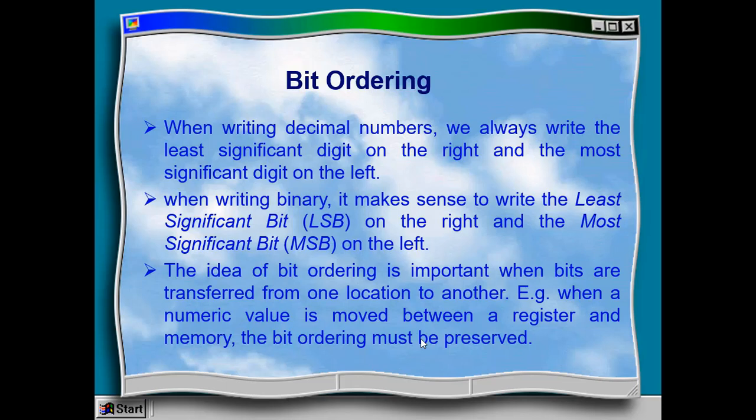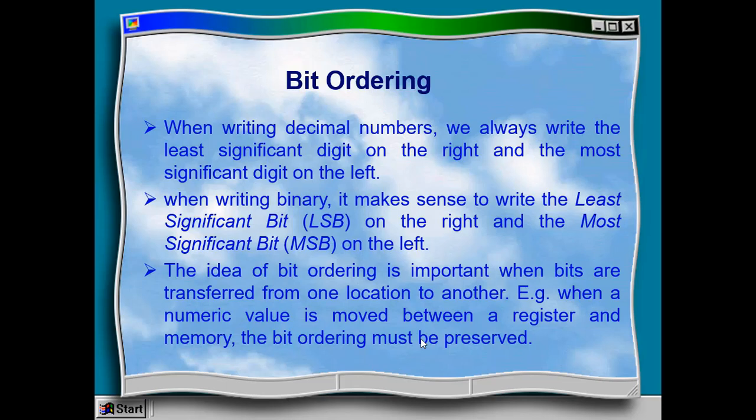So the idea of bit ordering is especially important when bits are transferred from one location to another. E.g., when a numeric value is moved from a register to memory, the bit ordering must be preserved. This is mostly so when sending data across the network.